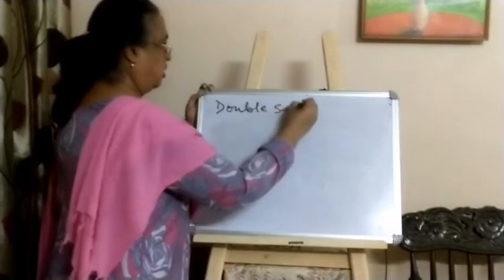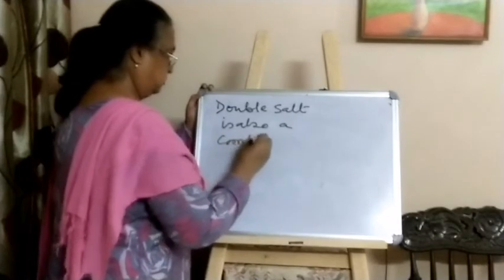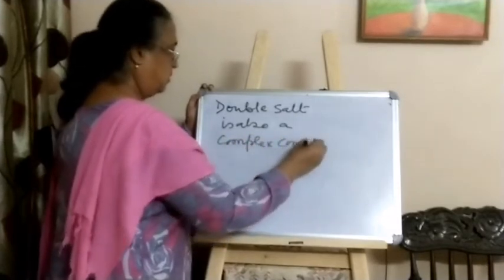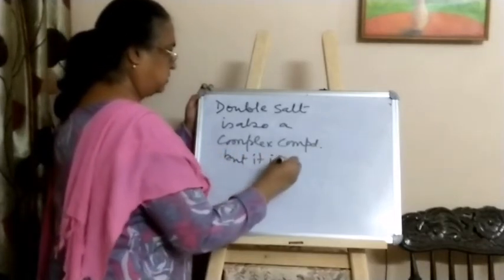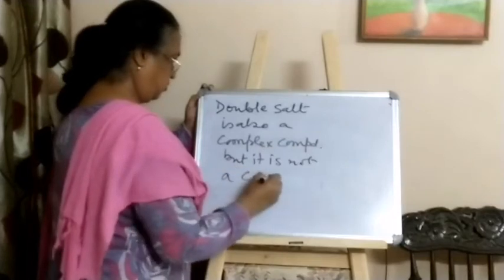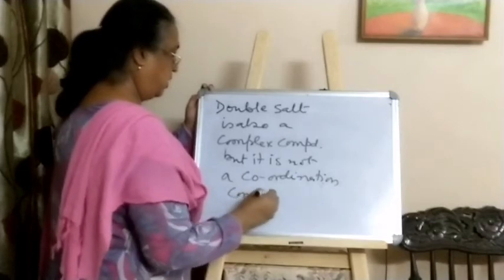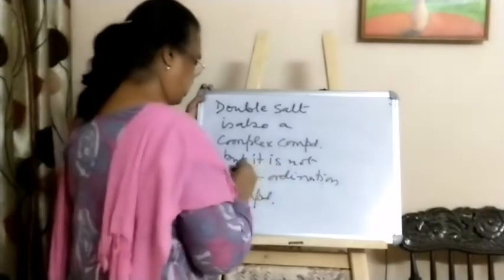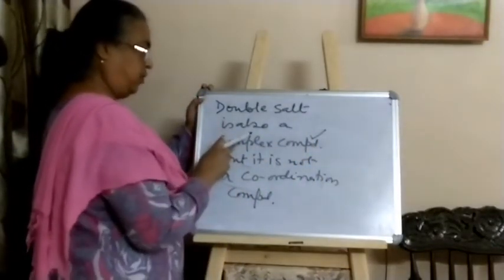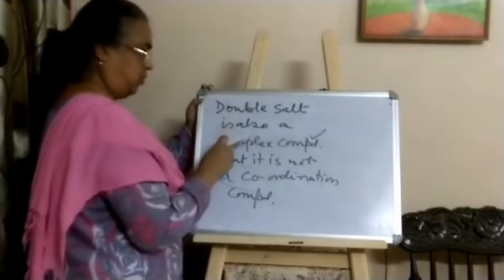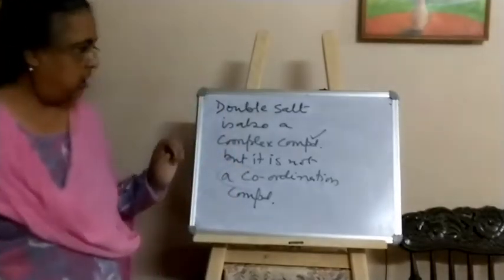So, double salt is also a complex compound, like a coordination compound, but it is not a coordination compound. So what do you understand here? That a coordination compound is a type of complex compound. Double salt is also a type of complex compound. But double salt is not a coordination compound.